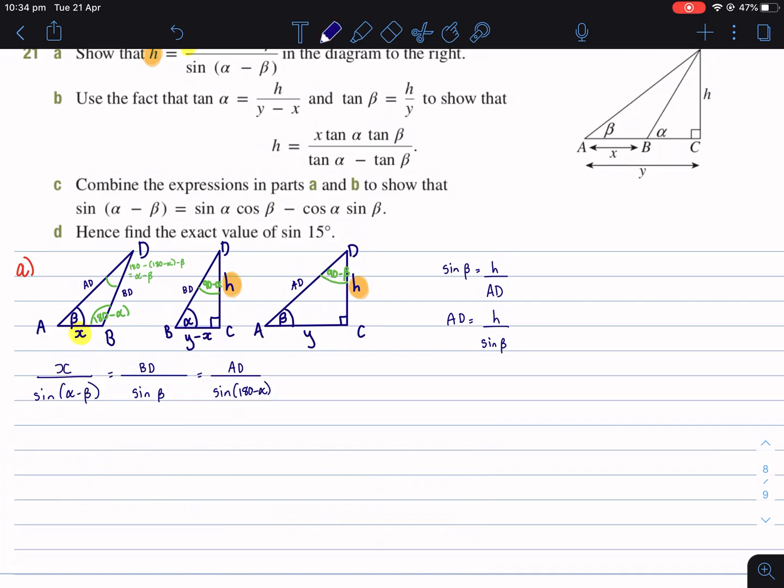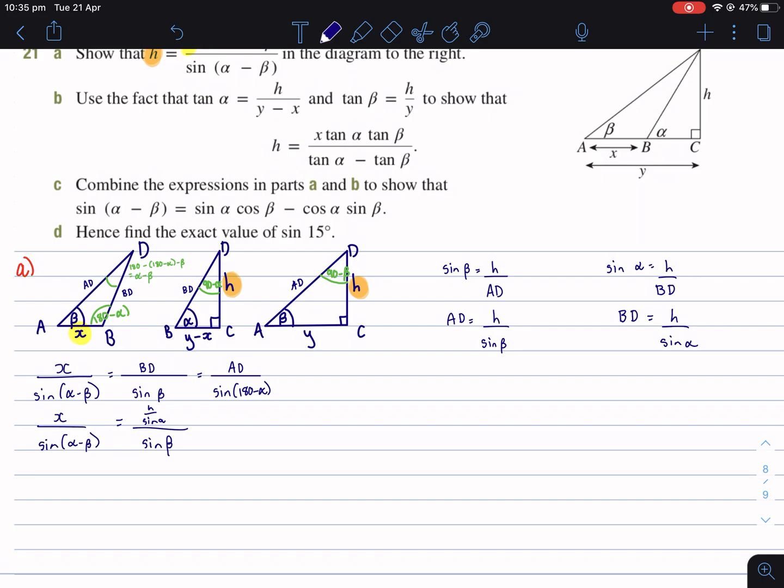in the middle triangle, if I want just sine alpha, the only spot that happens is in the middle triangle. So from the middle triangle, I have sine alpha equals h on BD, which means BD equals h on sine alpha. So I've got x on sine alpha take beta equals BD, which was h on sine alpha, on sine beta.